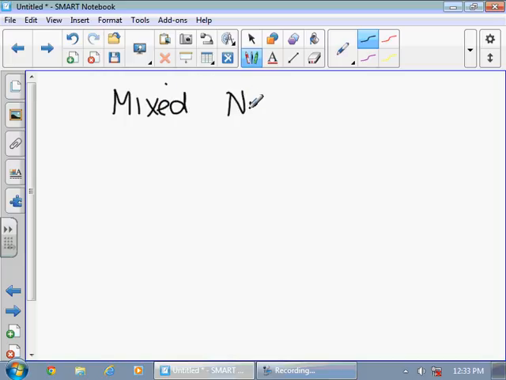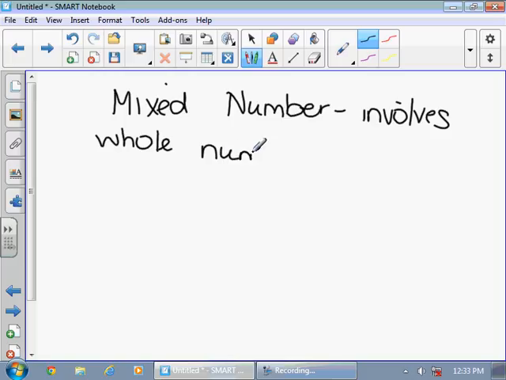A mixed number involves whole numbers and fractions.